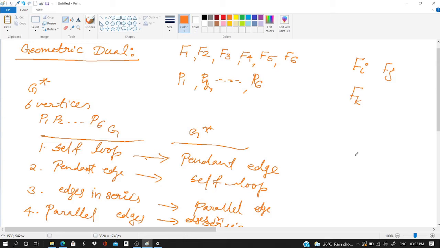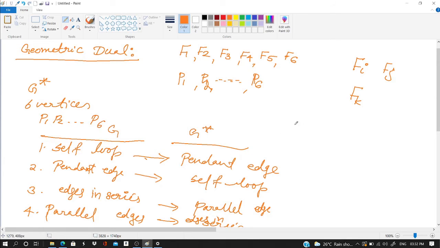Seventh property: considering the process of drawing a dual G star from G, it is evident that G is a dual of G star. Therefore, instead of calling G star a dual of G, we say G and G star are dual graphs.